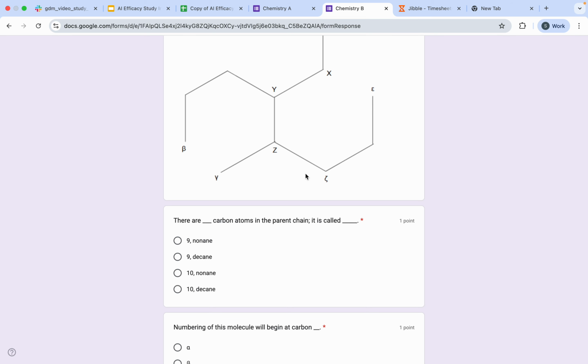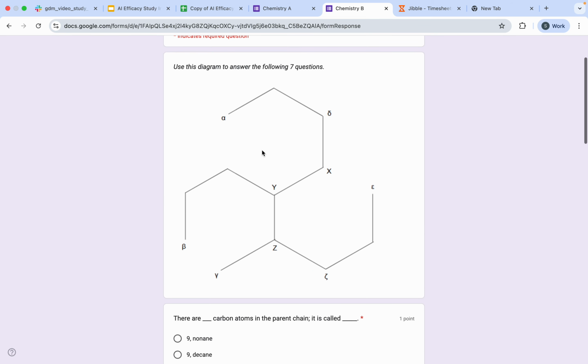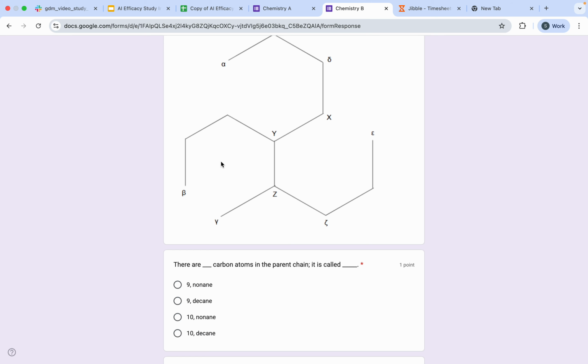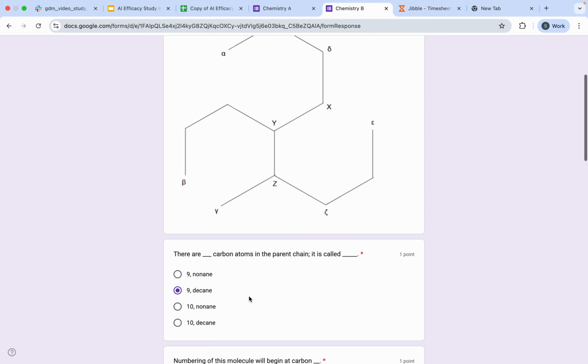It is called dash. So 1 2 3 4 5 6 7 8 9, I think it's 9, and 1 2 3 4 5 6 7 8 9 10 11 12. I am going for this 9 decane.